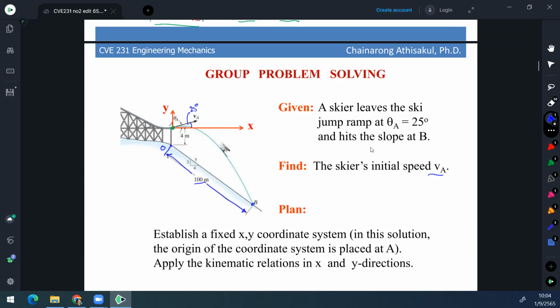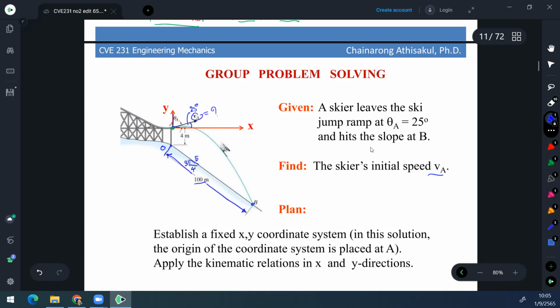And we set up the axis at point A, and we know the slope of the path is defined by this triangle, that is 3, 4, 5. We would like to determine the initial speed.